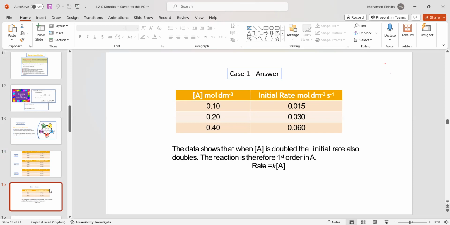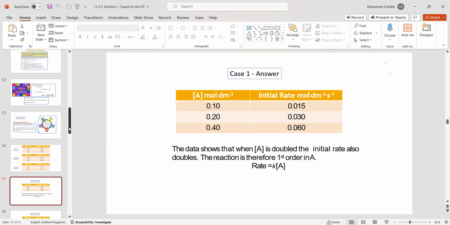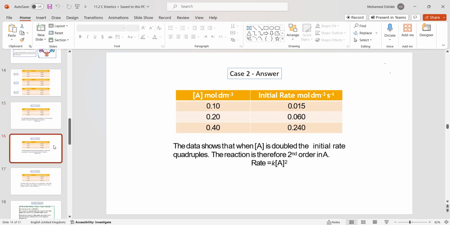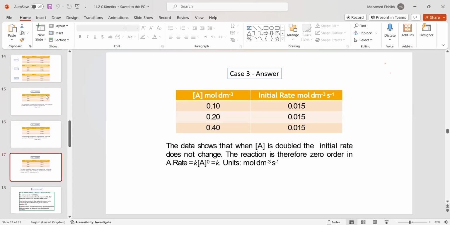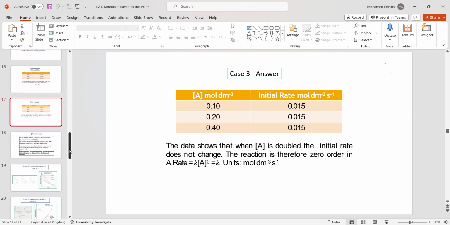Okay, so this is an answered example. Let's take another example here. And these are the answers of the cases above. Fine.